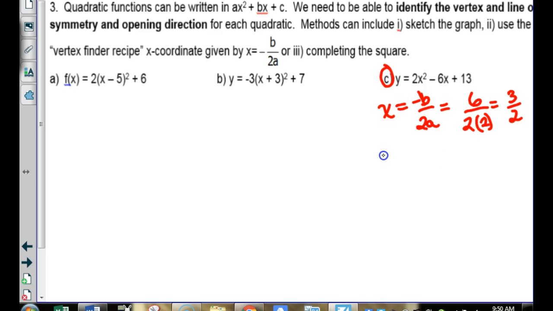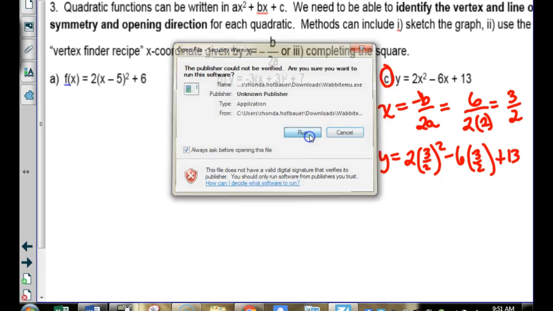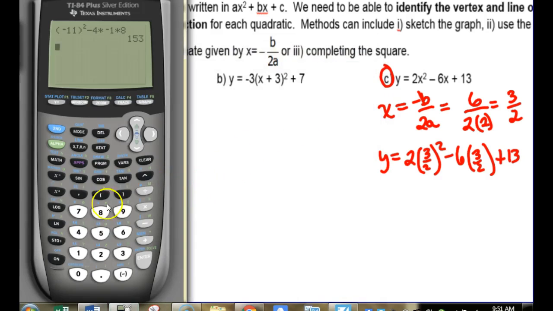Now we have to plug it back in to find the y value of our vertex. So we're going to say y equals 2 times (3/2) squared minus 6 times 3/2 plus 13. Okay, got a calculator. You will actually have your graphing calculator on this question when it comes time for the quiz. Next Friday's quiz is still no graphing calculator though.